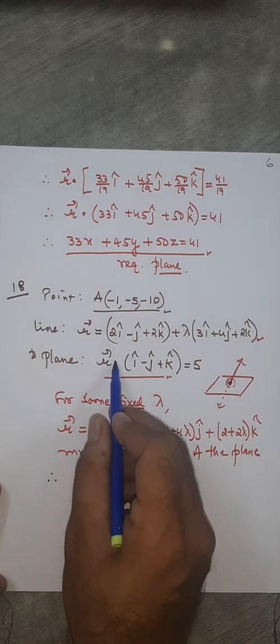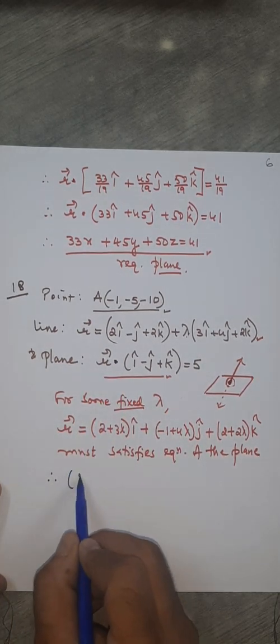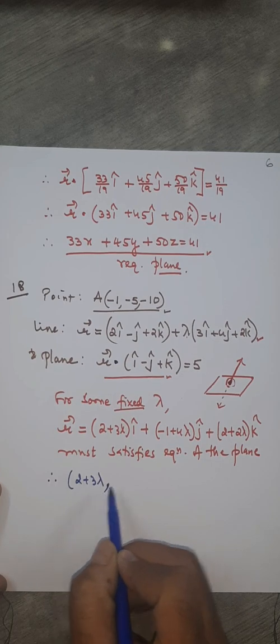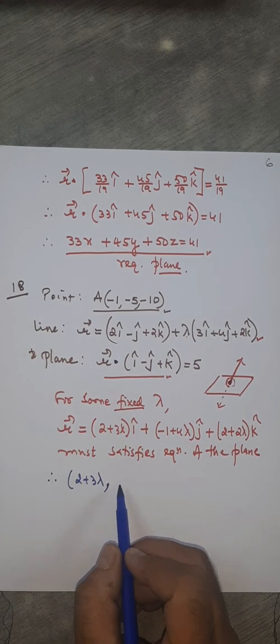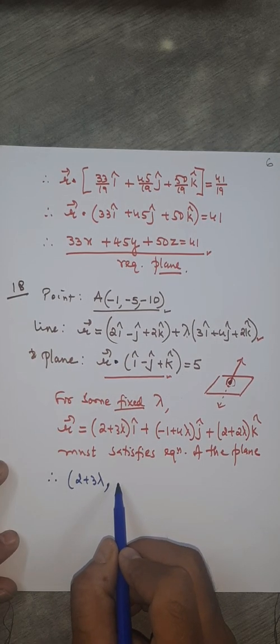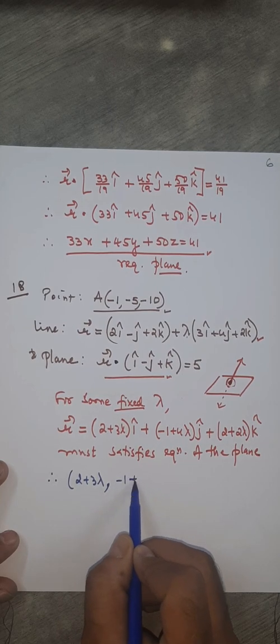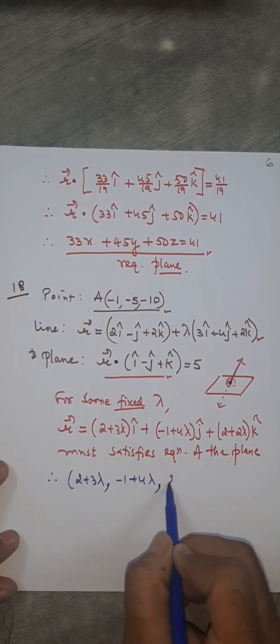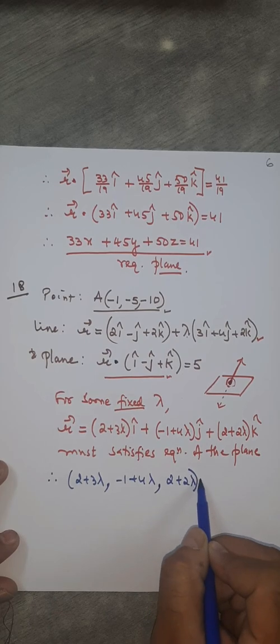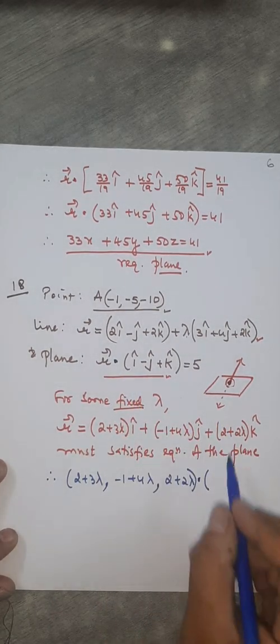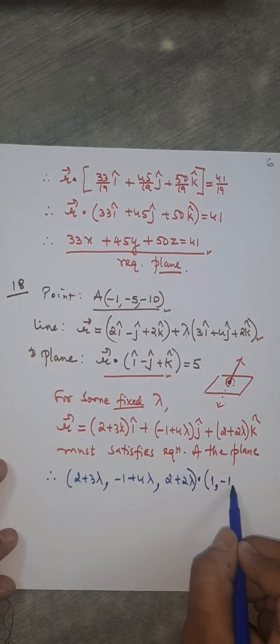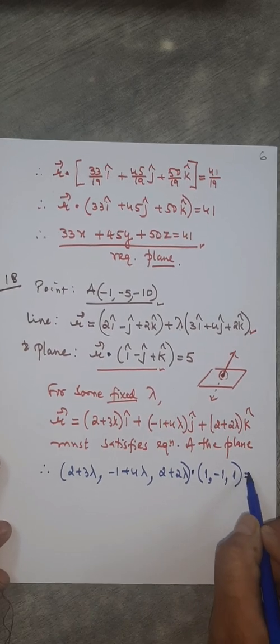Therefore here I'm putting just value of r. What is that? 2 plus 3 lambda, comma, minus 1 plus 4 lambda, comma, 2 plus 2 lambda, dot, i minus j plus k, which equals 5.